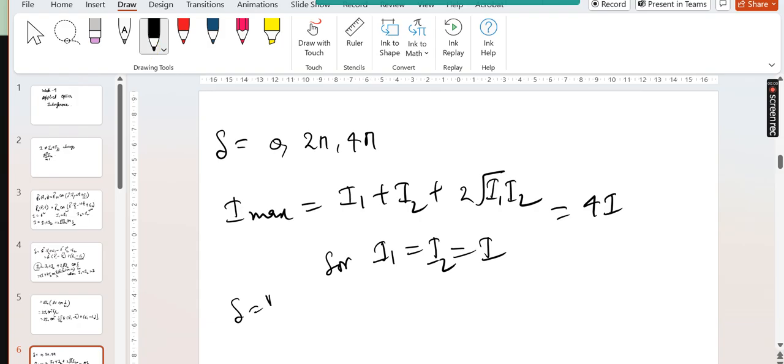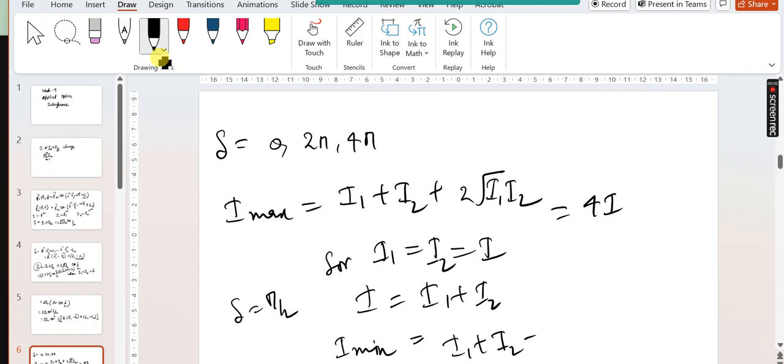And when delta is equal to pi by 2, I is basically the addition of the two intensities. I min is I1 plus I2 minus 2 root of I1 I2 when delta is equal to pi, 3 pi, 5 pi. When I1 is equal to I2, this becomes 0.